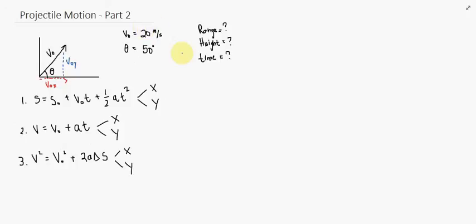Okay, so remember that v sub naught y is just going to be v sub naught times the sine of the angle, which is going to be 20 times the sine of 50, which is equal to 15.32, and remember it's in meters per second.